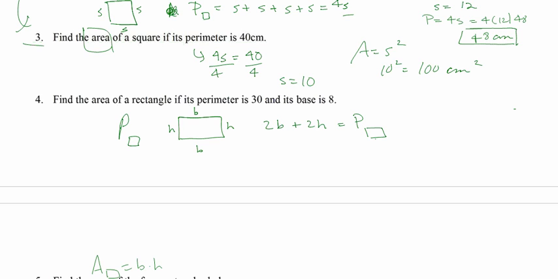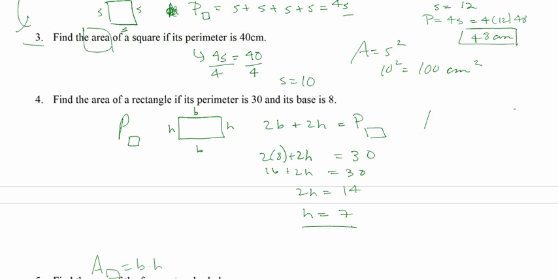All right. We know that the perimeter is 30. We know that the base is 8. What we don't know is h. So this is 16 plus 2h equals 30, or 2h equals 14, or h equals 7.